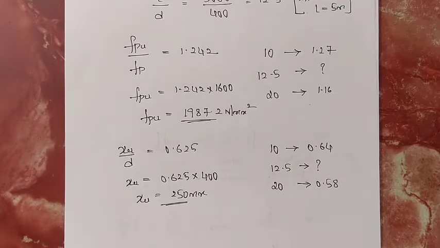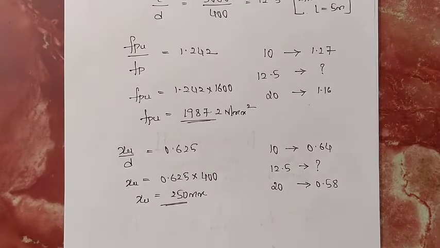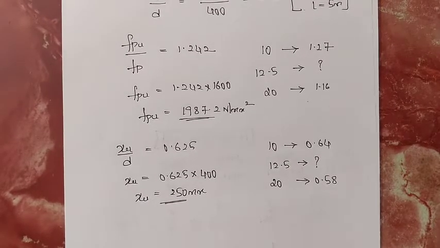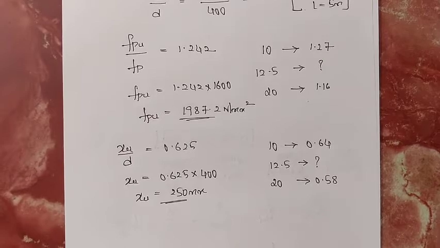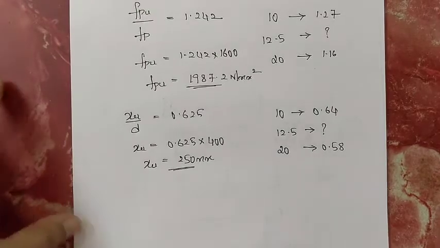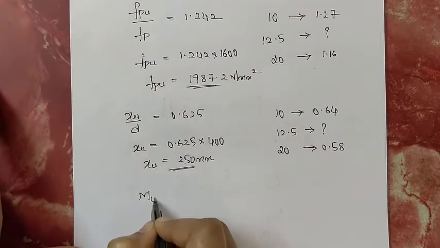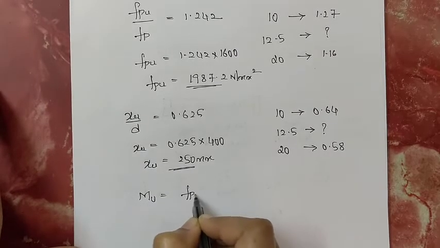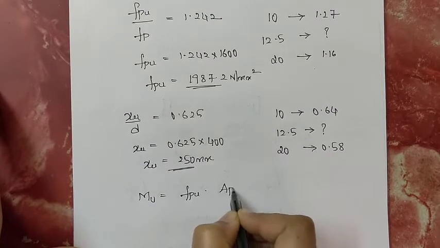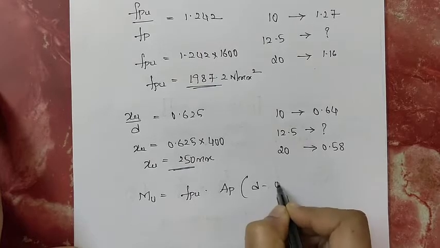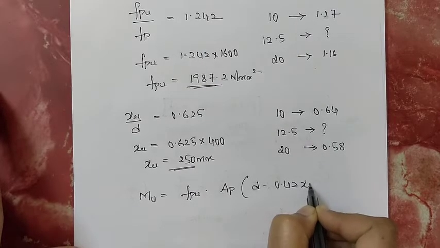Once you have calculated FPU as well as the XU value, then calculate the Mu value. Mu equals what? FPU into AP into D minus 0.42 XU.